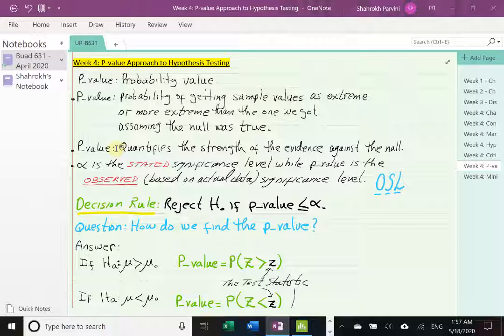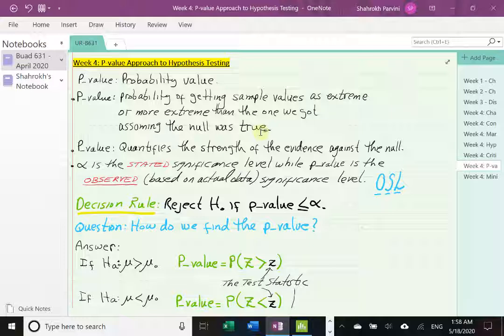The p-value, that's our first bullet, is the probability of getting sample values as extreme or even more extreme than the ones we got, assuming the null was true. So for example, if the null says the average rent is $1,500 and my sample shows the average rent was $1,900, the p-value tells me the actual probability of getting something that extreme.